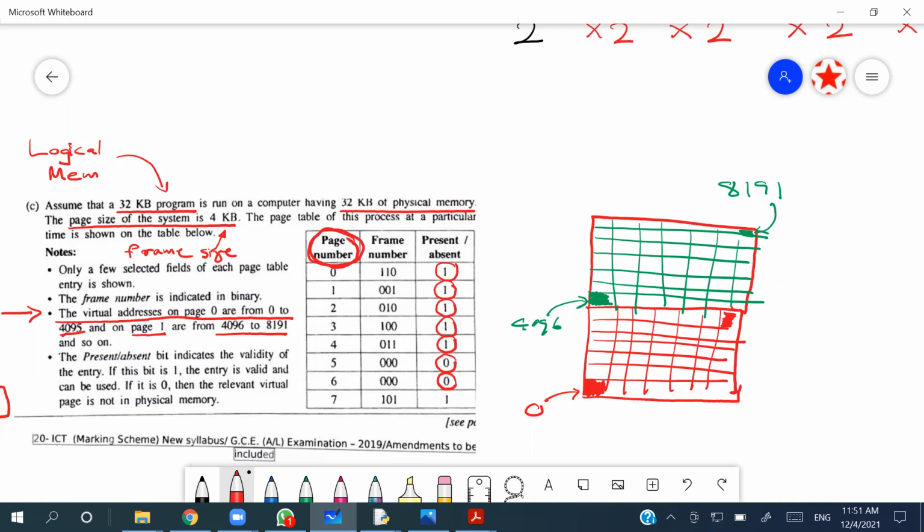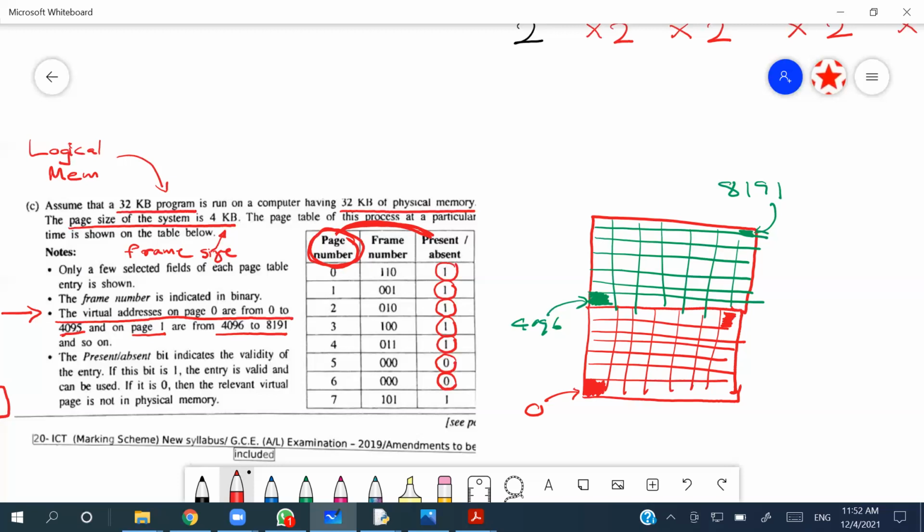So the present/absent bit indicates the status of the page. If it is 1, that page is occupied inside some particular frame. If the present/absent bit is 0, that page is not inside the physical memory, or a particular frame. So that is what they say.